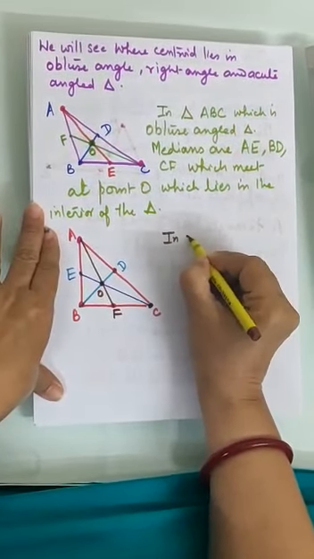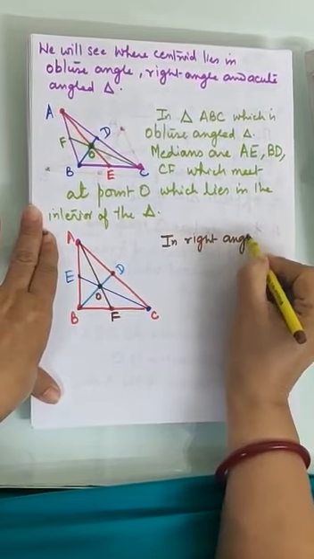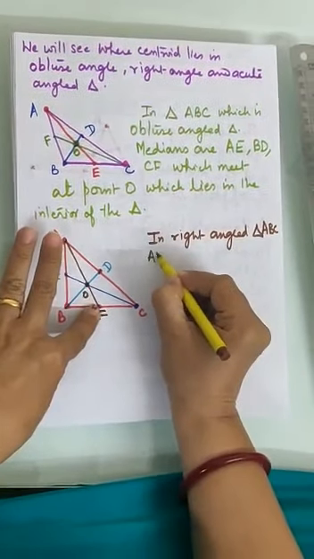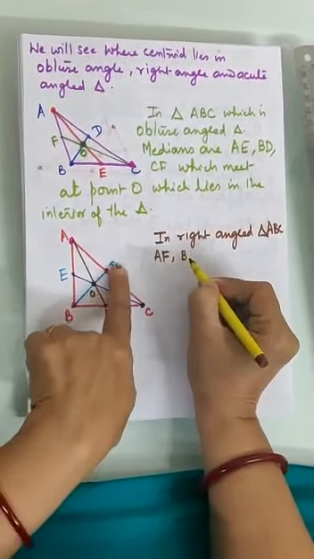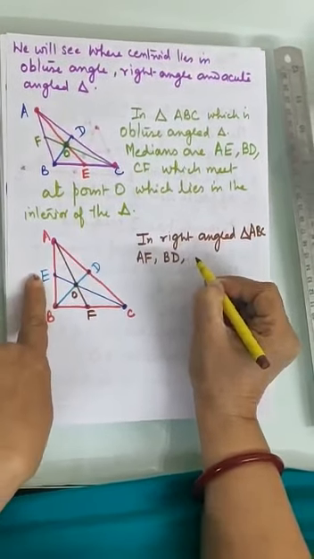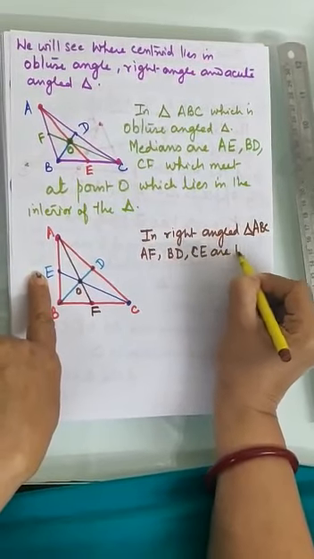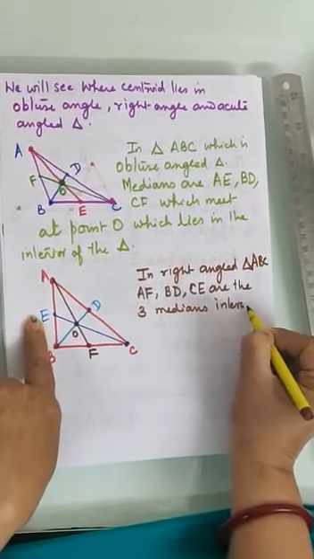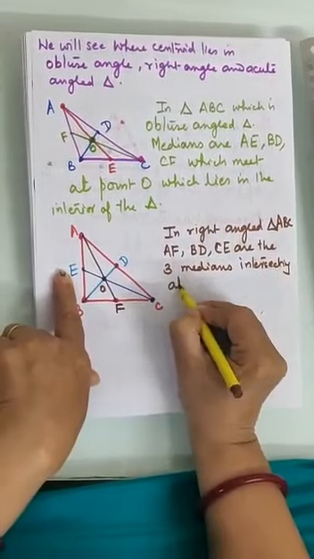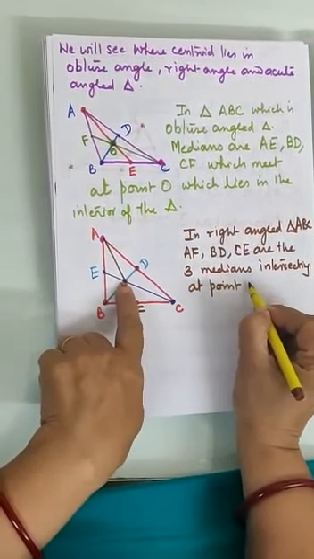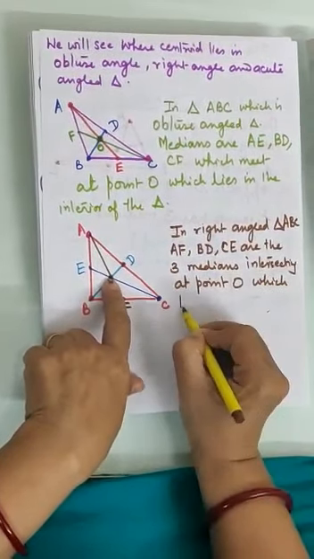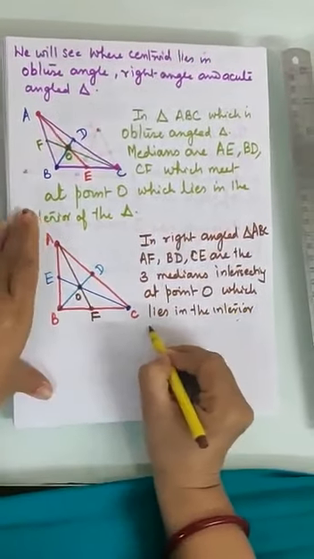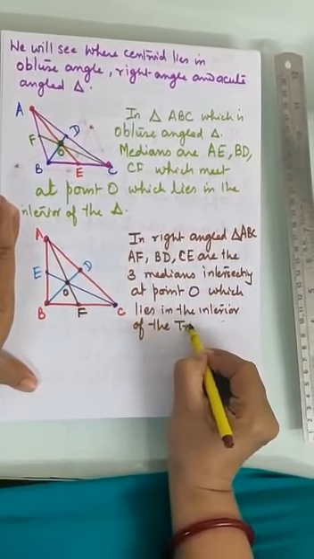So in right angled triangle ABC, AF, BD, CE are the three medians intersecting at point O, which lies in the interior of the triangle.